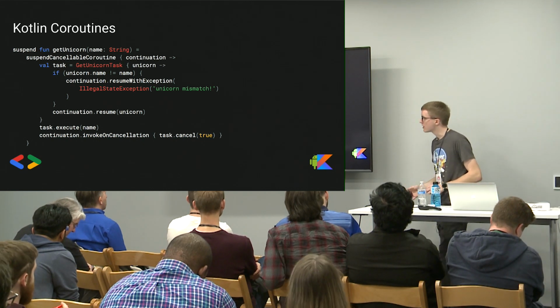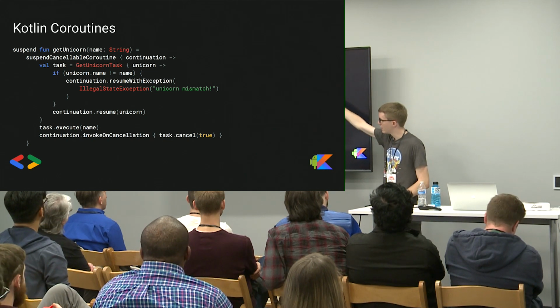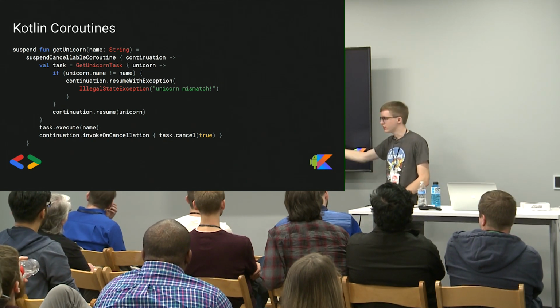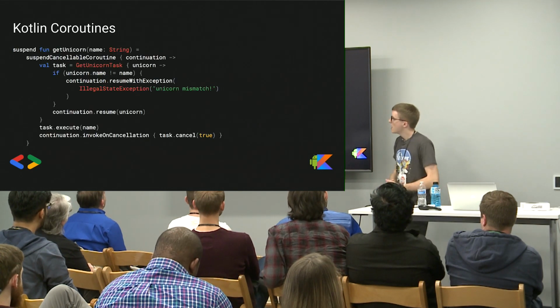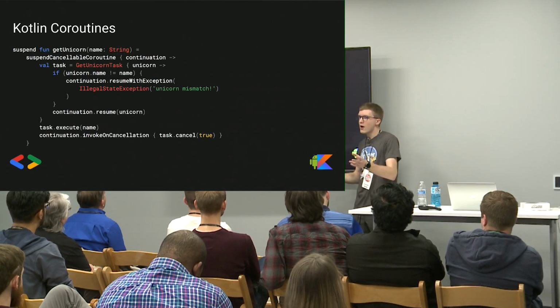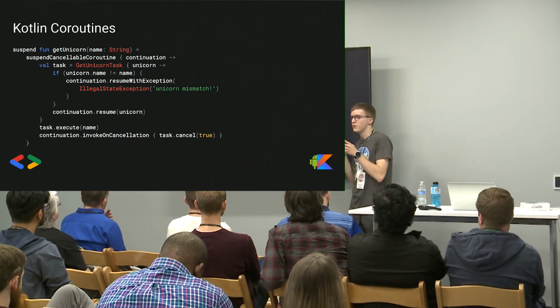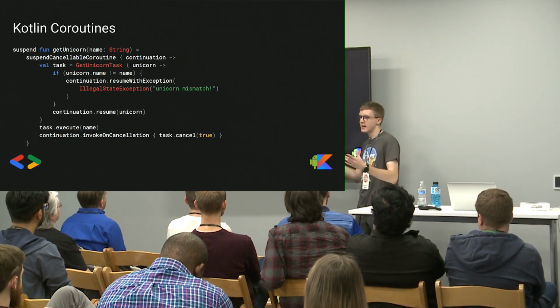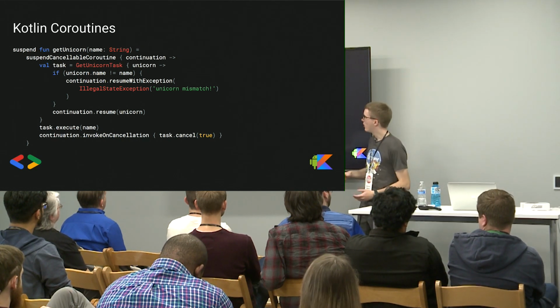So you can see here, with just a couple additions of functions, I can resume with an exception, and I can invoke on cancellation. Now, what these individually do, and actually I'll stay on this one, is now at the call site of getUnicorn, it's going to throw an exception, like a standard try-catch. Nothing fancy, no weird on-error callback.